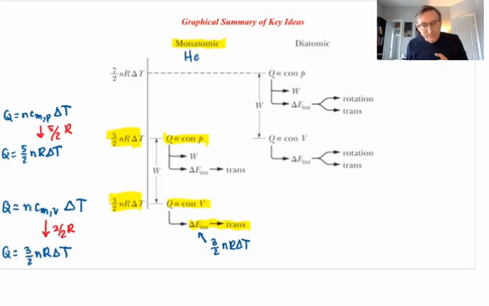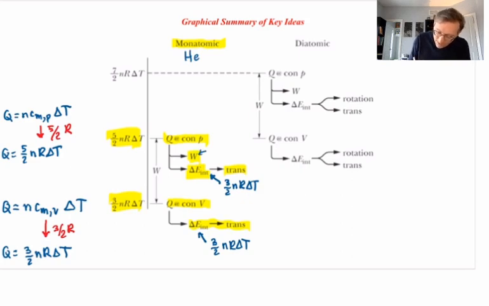For Q. Now that energy as heat, Q, goes into two things happening, as this shows. Some of it goes into doing work, and some of it goes into increasing the internal energy through the translational motion. This part, delta E internal from the translational motion, is 3/2 nR delta T from the equipartition theorem.